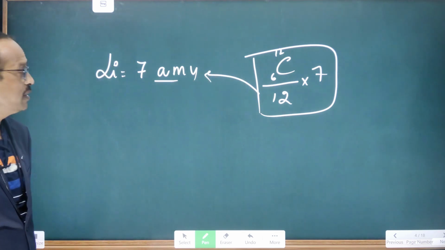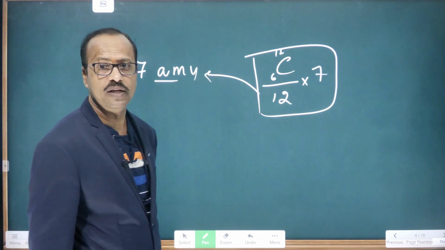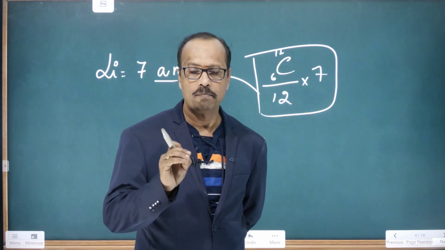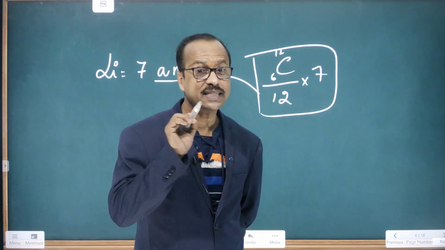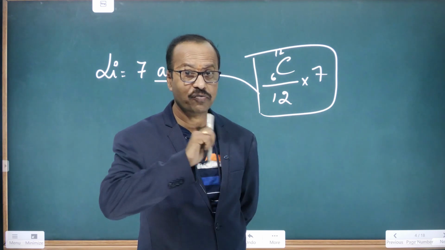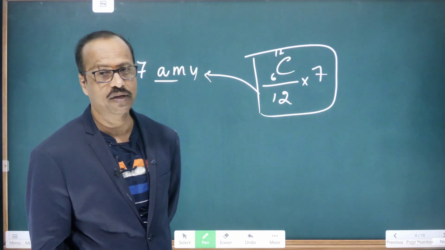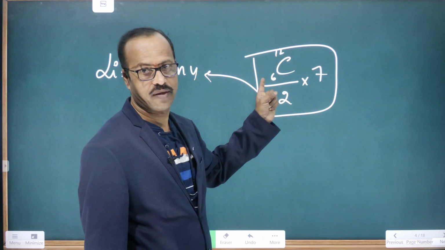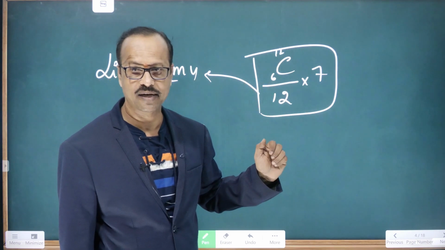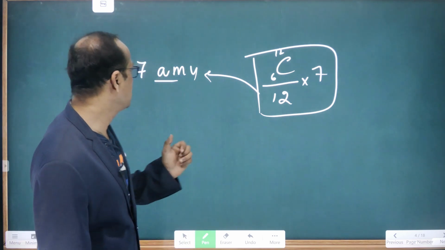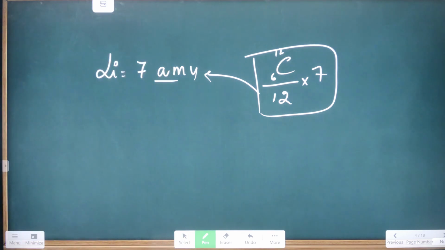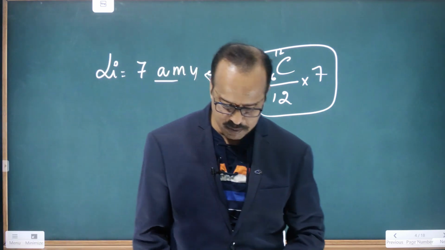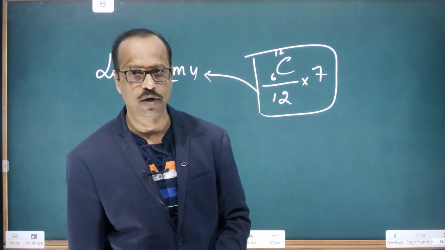The meaning is, when you compare, the mass of lithium is 7 times the 1/12th mass of carbon. 7 times 1/12th of the mass of carbon. Clear? So try to understand this once. So here carbon is taken as a standard.